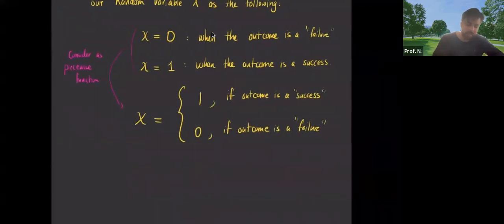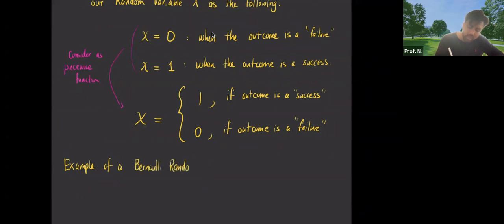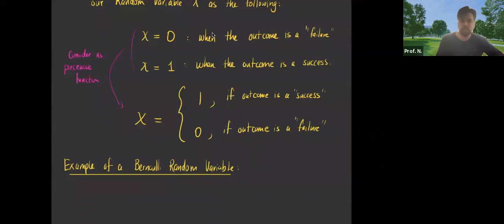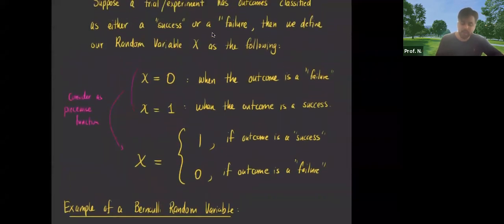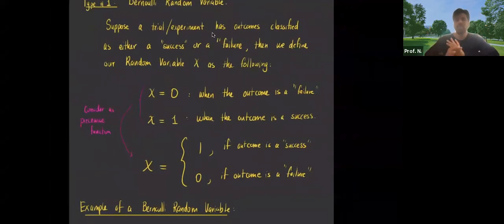And what kind of probability experiment exists with this? So an example of a Bernoulli random variable. Think of any probability experiment that only has 2 outcomes. So this random variable is a way to explain every probability experiment that only has 2 outcomes.